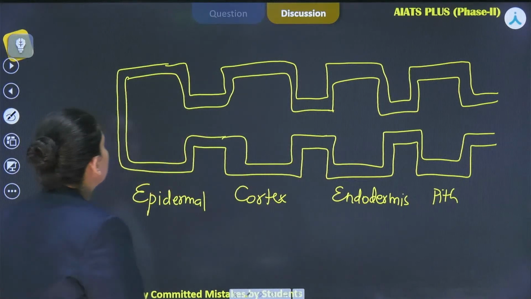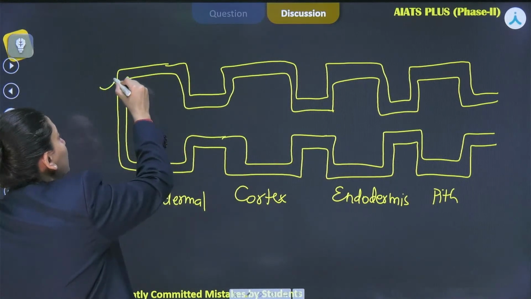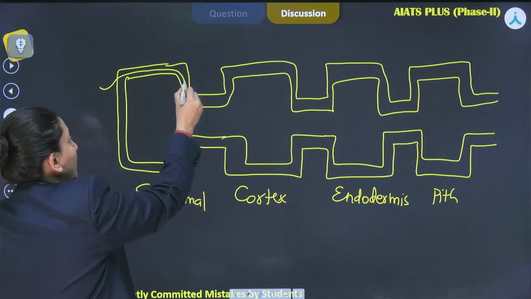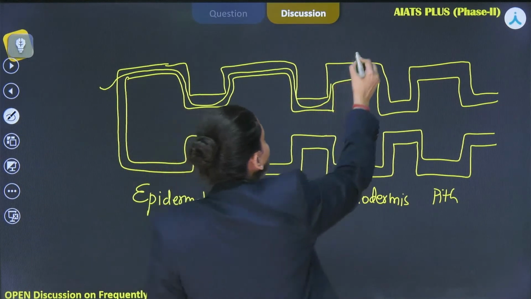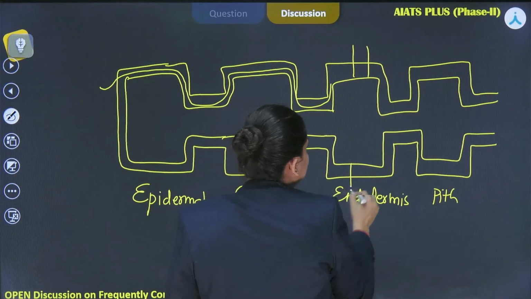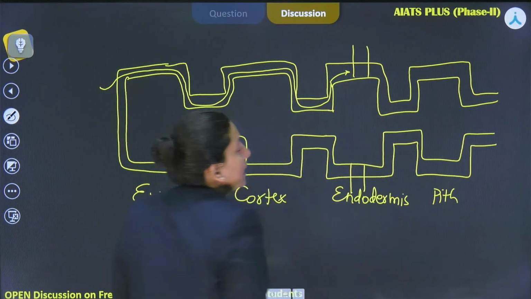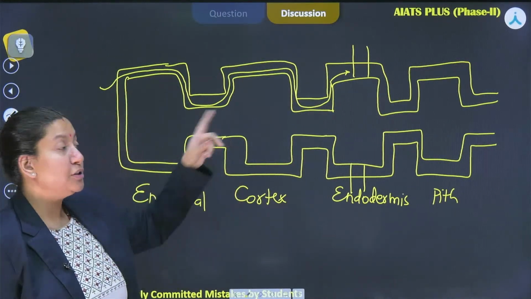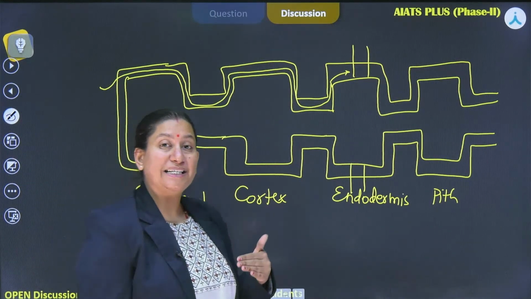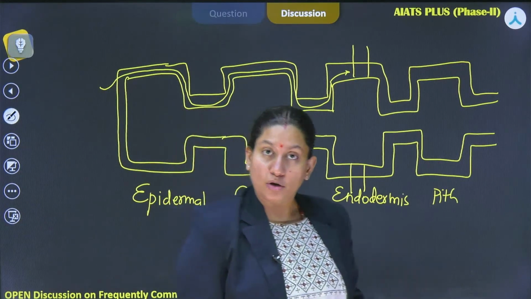So when we talk about this water transport, and if the water is moving like this, right? Over here in the endodermis, we have got this Casparian strip, and these are the regions that are the barriers for the water transport, as these particular layers are completely impermeable for the water molecules, right?